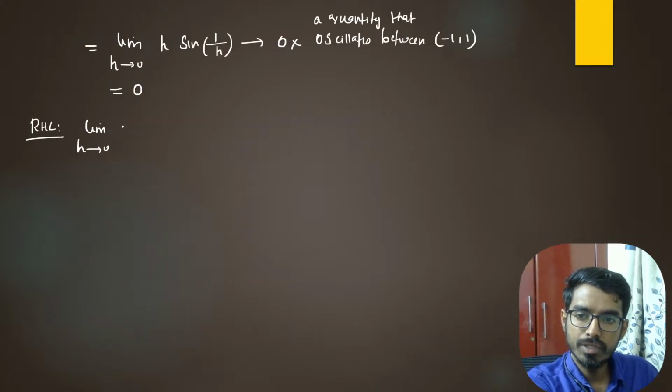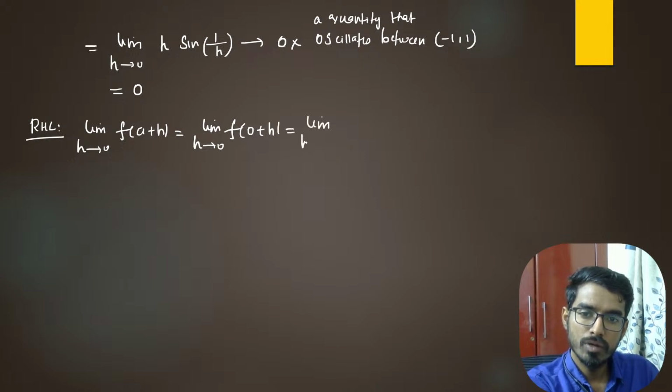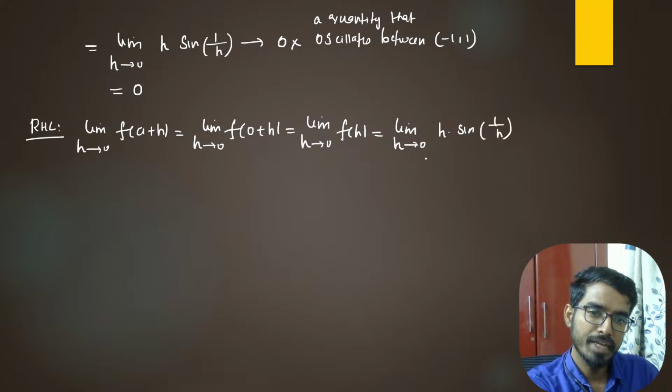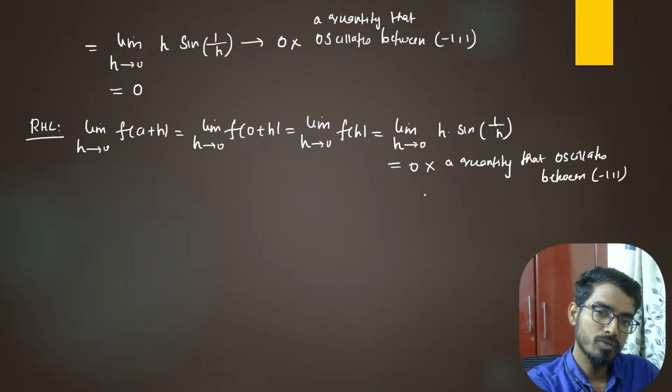Limit as h tends to 0, f of a plus h, which is f of 0 plus h. So limit as h tends to 0, f of h, and f of h is h into sine 1 by h. Again same story. 0 into a quantity that oscillates between minus 1 and 1.